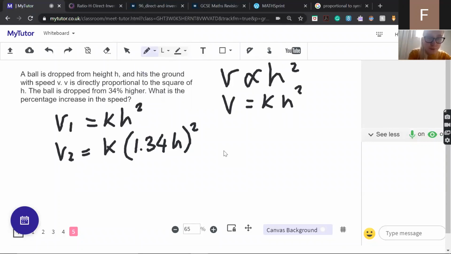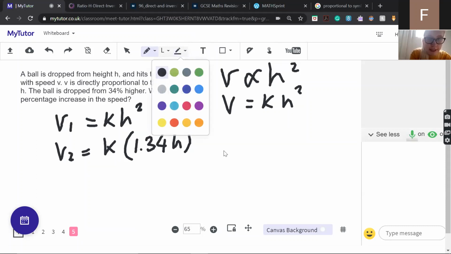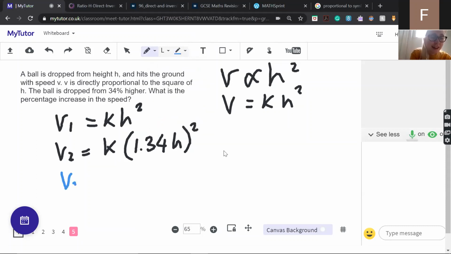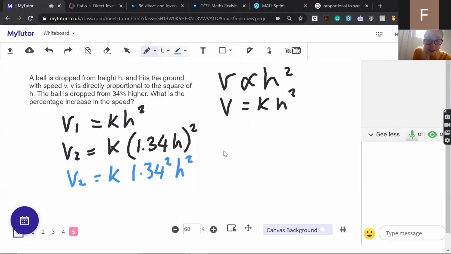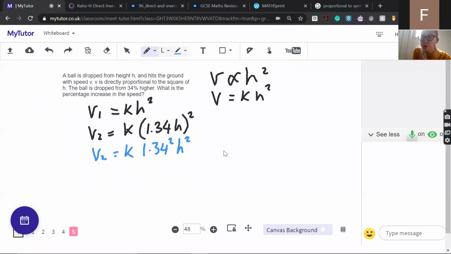So let's do some algebra, it's not fancy algebra. What we're going to do is say that this is 1.34 squared h squared. All I've done there is I've squared both bits in this bracket. Then I'm just going to divide both sides by 1.34 squared.